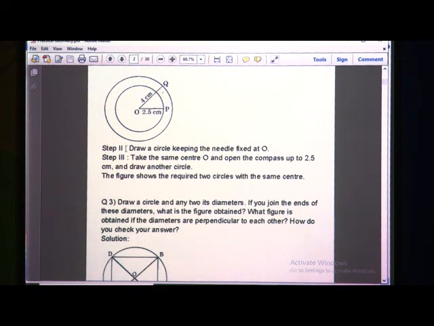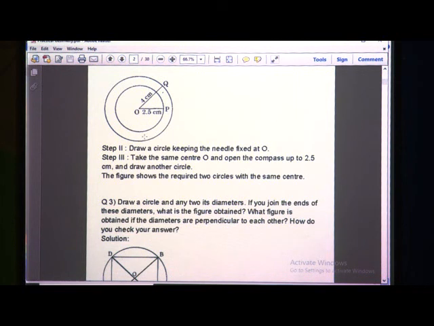Step 2, you can observe, draw a circle keeping the needle fixed at O. We have to fix the pointer at O and draw a circle of radius 4 centimeter. Then next, take a ruler, measure the length of 2.5 centimeter and draw another circle of radius 2.5 centimeter.